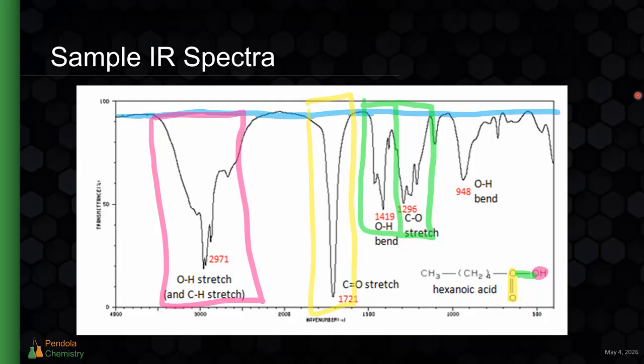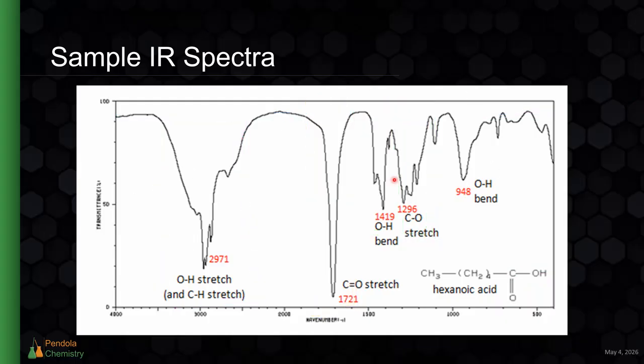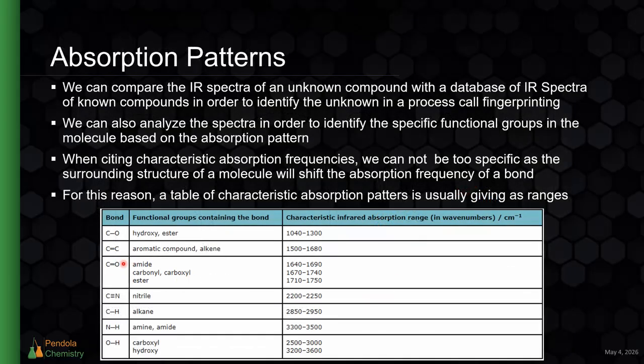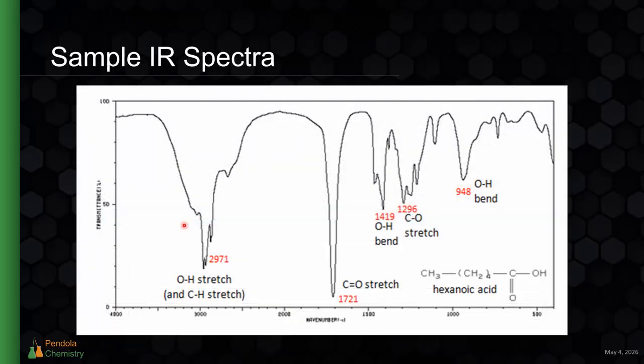Now, one of the things about IR spectra is not just that we have a dip at that particular wave number. So 1721, again, wave number being the x-axis, and 2971 being very common for things like the carbonyl C double bond O for 1721, and the OH for the carboxylic acid at 2500 to 3000, which 2971 falls right into.